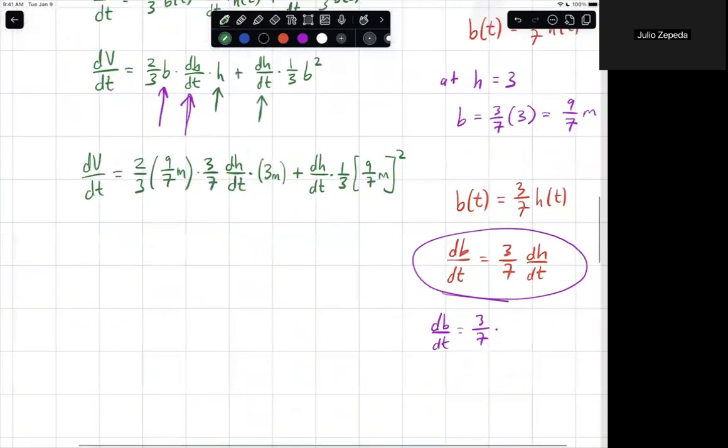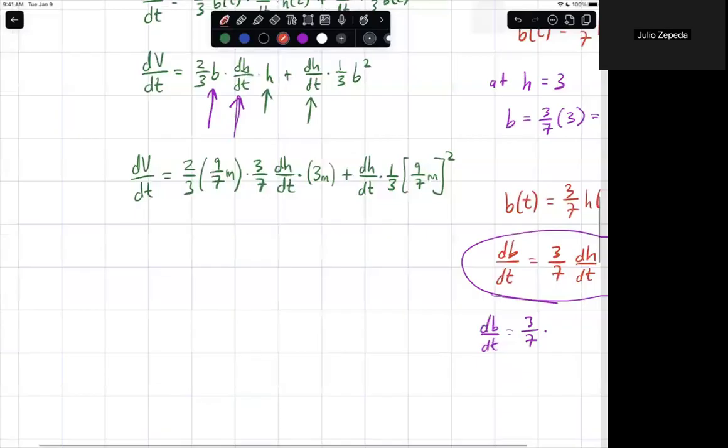Okay, so it's going to take a little bit of solving. We can factor out the dh/dt and divide on both sides.